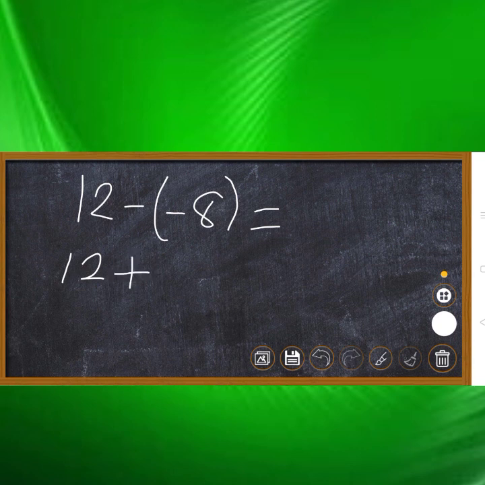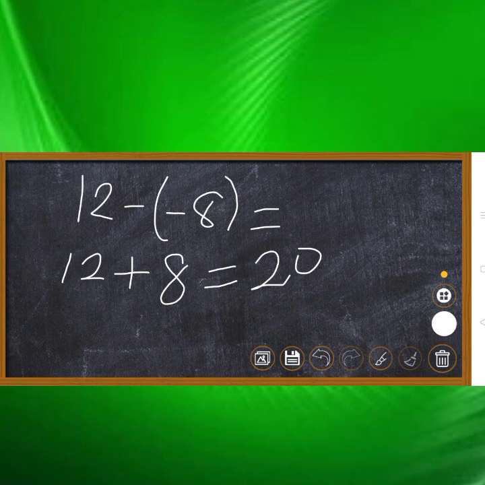And then change the subtrahend, negative 8, into positive 8. And then proceed to addition. As you see, they are the same sign. They are both positive. So you need to add the absolute values. 12 plus 8 equals 20.